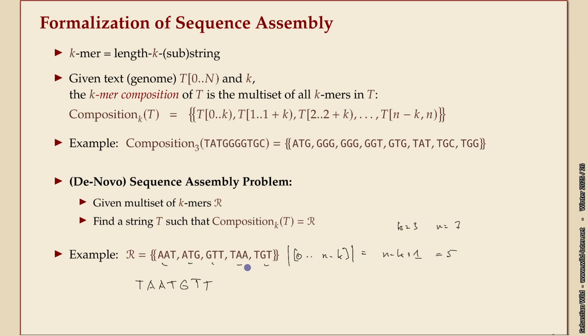There's only one double A that has to be in correspondence. That's right, and there's no GA in the last two characters. So this has to be the start because there's nothing that matches on the beginning. And I think double T signals this is the end. And then kind of greedily just assembling the thing works.